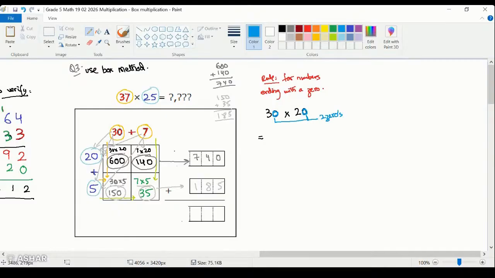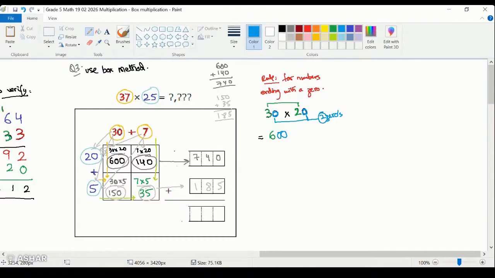In 30 multiplied by 20, we have 2 zeros. Let's skip the zeros and multiply the numbers: 3 multiplied by 2 is 6. And how many zeros did we have? We had 2 zeros. We simply apply 2 zeros. Perfect.